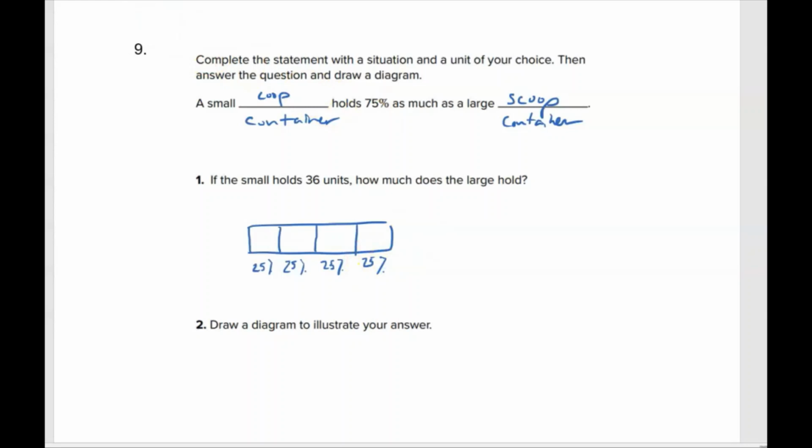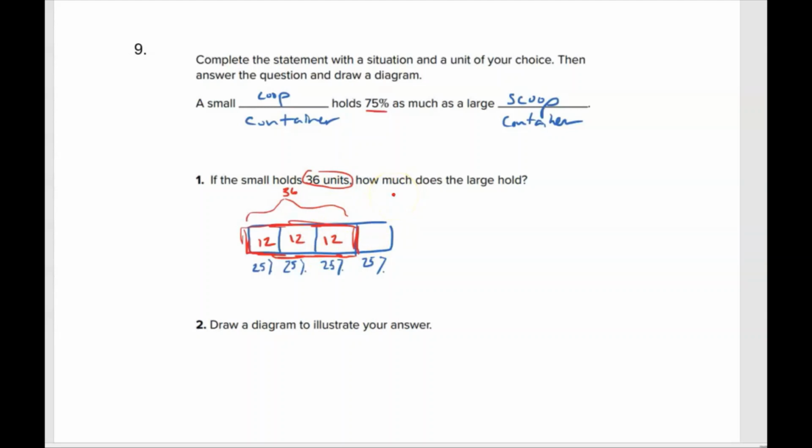And I know that 3 of those together, so 1, 2, 3 of them, represents that 75% as much. Okay, so if I'm talking about a container that holds 36 units, that's the whole entire small thing. So that 36 needs to be broken up into these 3 regions. So if I did break that up, each one would hold 12 units, whatever unit we're talking about, right?